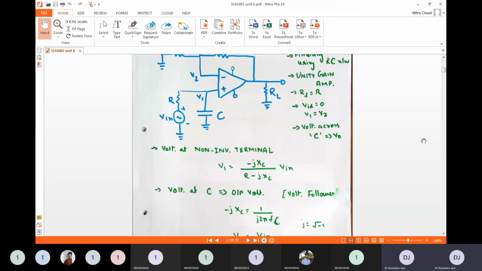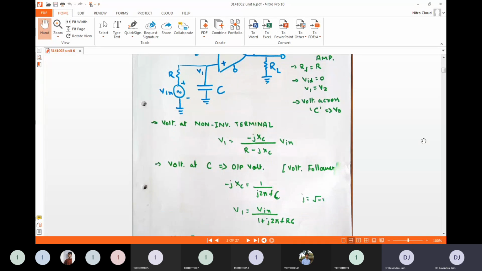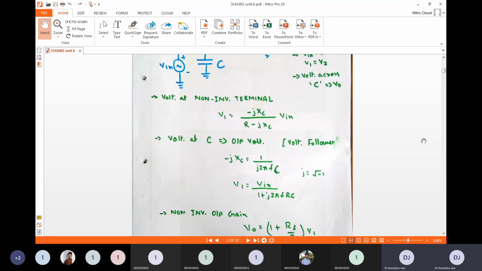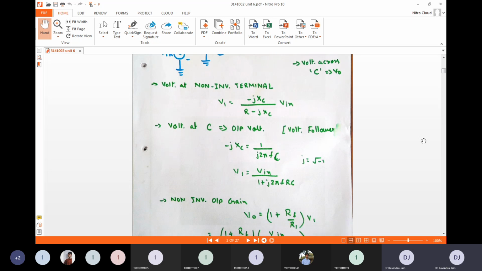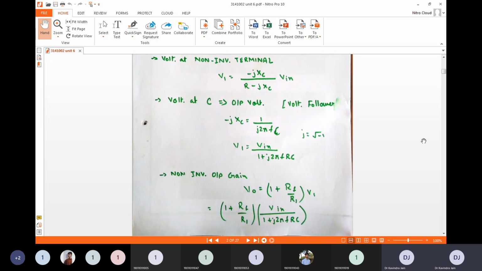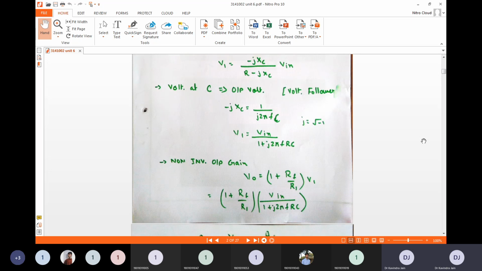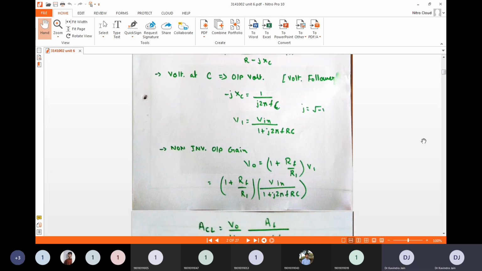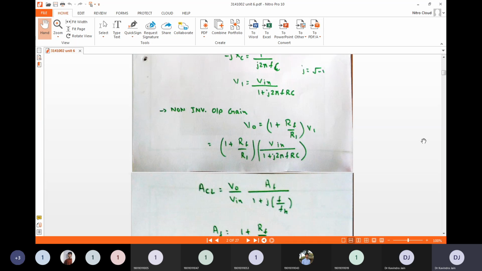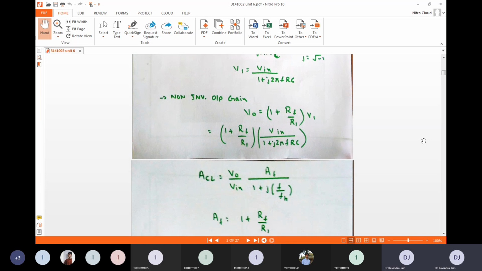We put this value of V1 in our overall gain of the circuit of non-inverting output gain. Non-inverting output gain is V naught equals to 1 plus RF upon R1 multiplied by V1. We had done this derivation. Now we are moving further to understand the closed loop voltage gain.